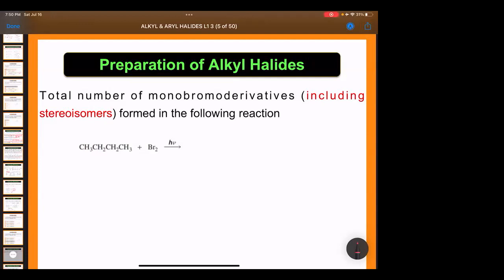Because you are not going to write only the major product, since it is asking total number, means you have to write all the products. So tell me first, write the structural isomers, what all products can form, then we will get into the stereoisomers. Always follow this approach, you will never go wrong. While finding the number of isomers, first always write structural isomers. So how many structural isomers can form?